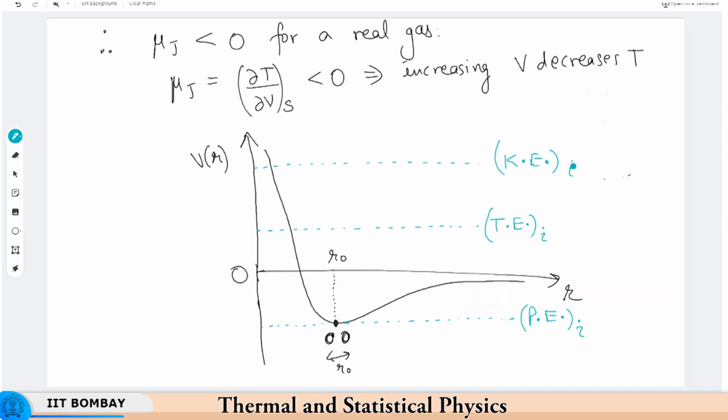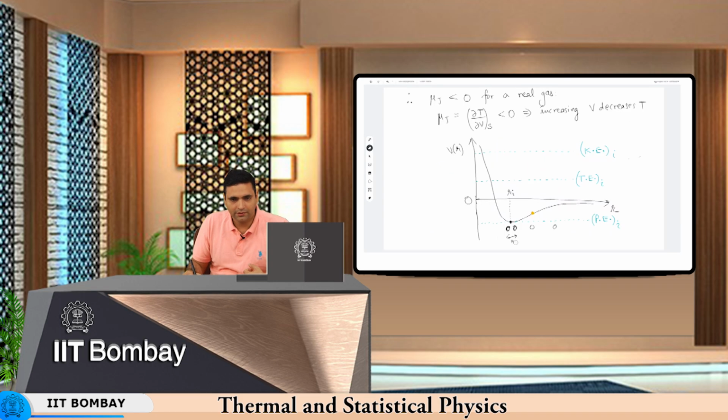Okay. Now, after expansion we are going to increase the volume, and increasing the volume essentially means the intermolecular separation is increasing on average, right. So, this point will basically climb somewhere here, which means the molecules are now farther apart on average. Let me call this Ri, and this is Rf, after expansion.